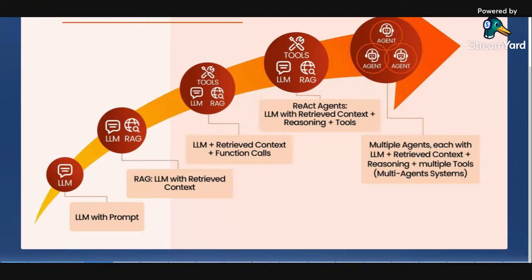Then we are talking about the multi-agent system, with more than two or three agents working together to achieve a single complex goal, with the LLM plus retrieved context plus reasoning capabilities and all the tools working together. That can help us interact not only with different agents, but with different tools, systems, files, anything that you can imagine.